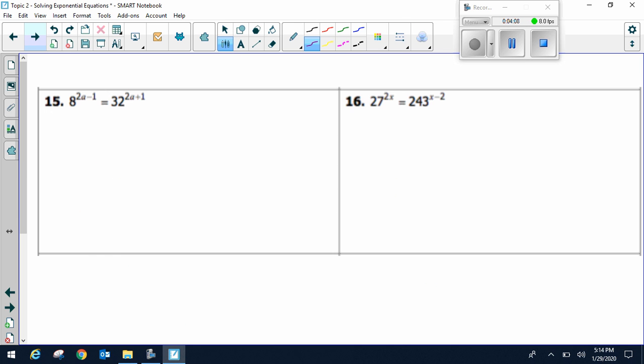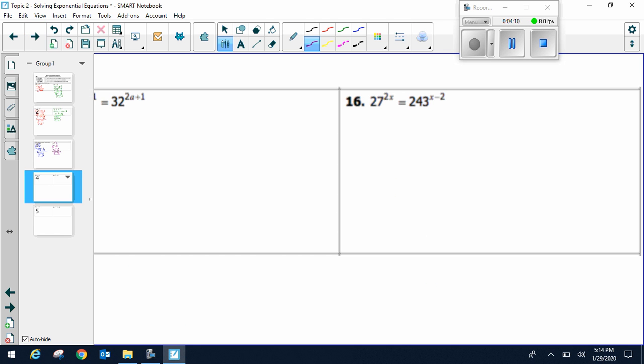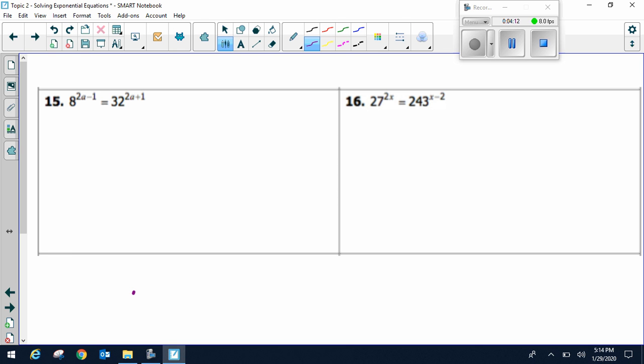And then these last examples, same thing. We have 2 more examples. So 8 and 32. I can turn 8 to be 2 to the third. I can turn 32 to be 2 to the, say, fifth.